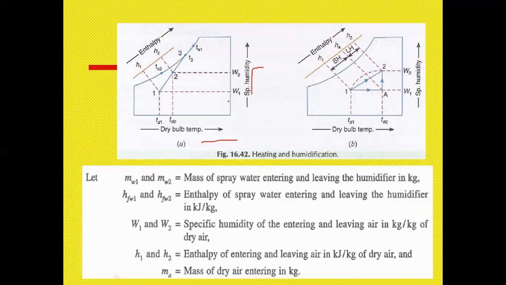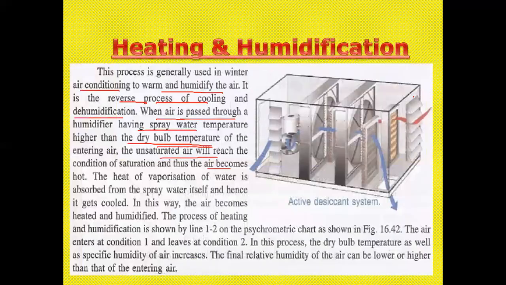For W1 and W2, we get the points H1, H2, and T1, T2. So here we are considering Td1 and Td2, therefore at W1 and W2.